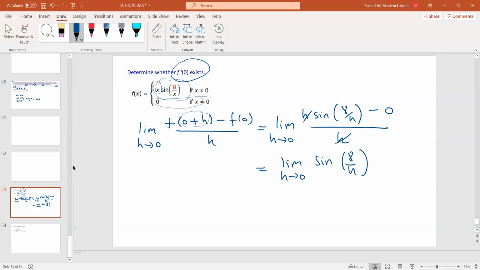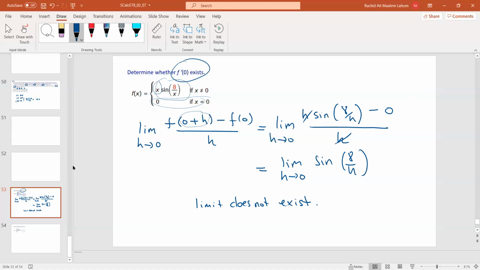And I talked in the other video that we should know as a common thing, as h goes to 0, what happens? The sine function keeps bouncing between -1 and 1, so the limit here does not exist. Why?